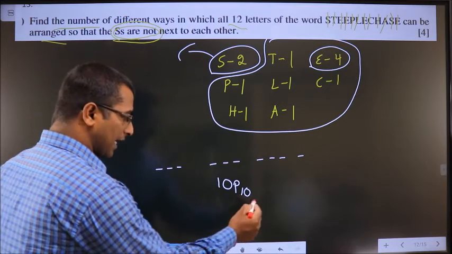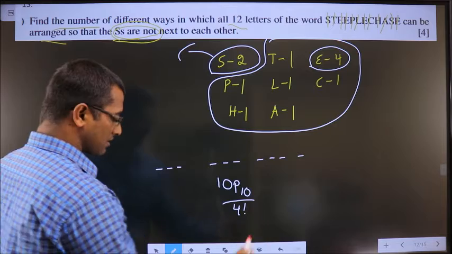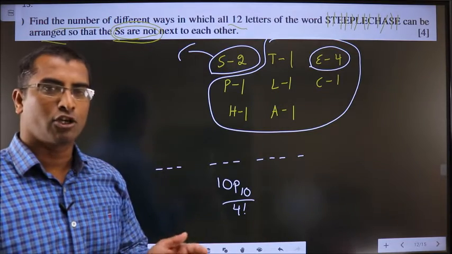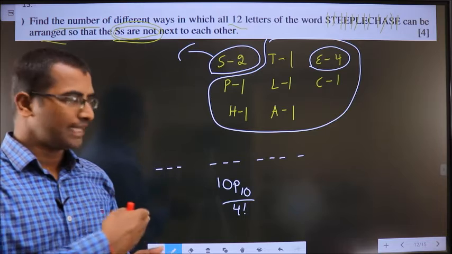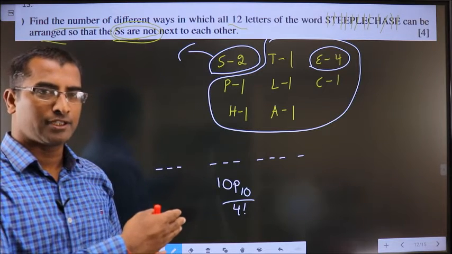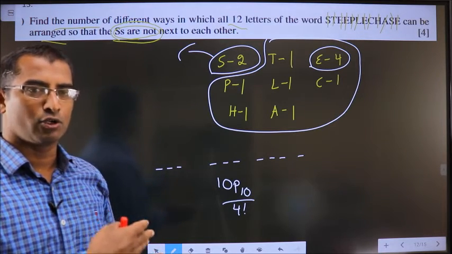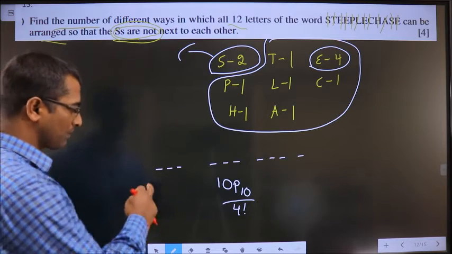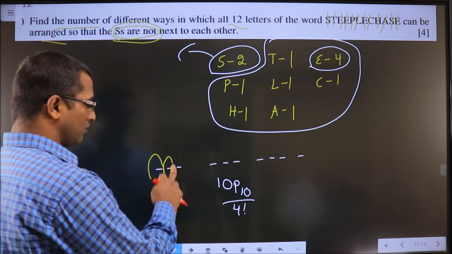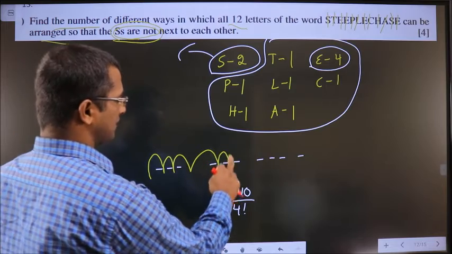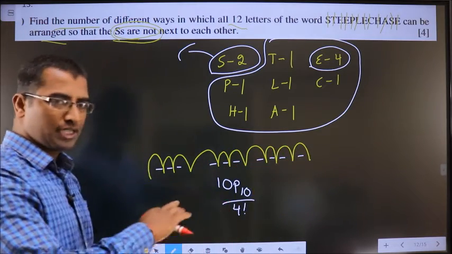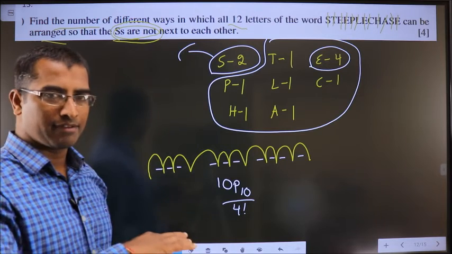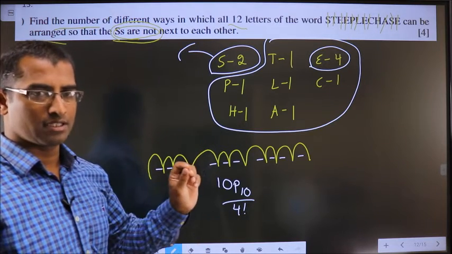Remember, in these 10 letters, the 4 E's are identical. So divide by 4 factorial, you should not miss. The S's should not be next to each other, which means I should place them in between these letters. So I should see in between how many places do I have. So count 1, 2, 3, 4, 5, 6, 7, 8, 9, 10, 11. So in between these letters, I have 11 places for 2 S's.